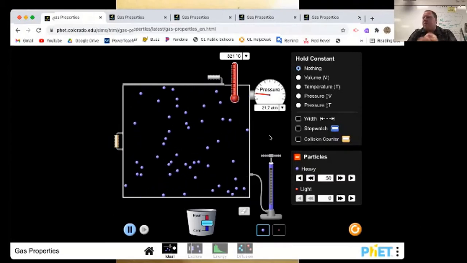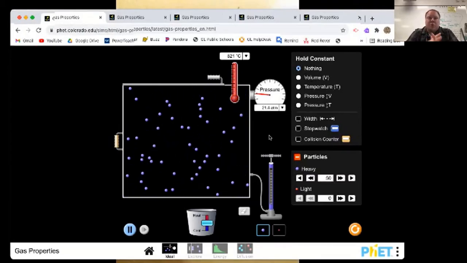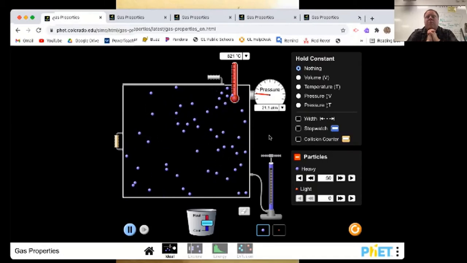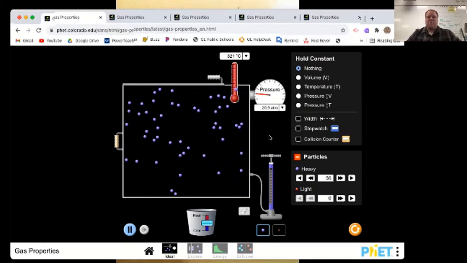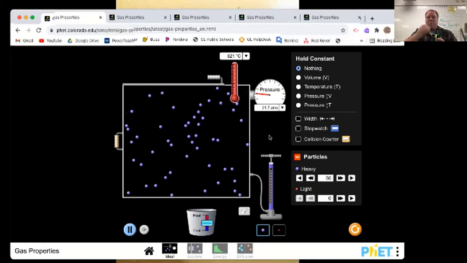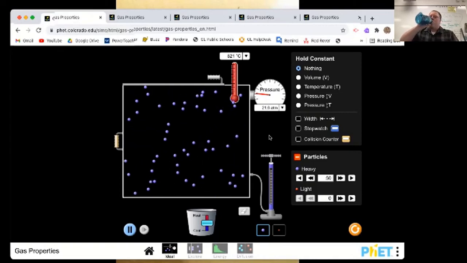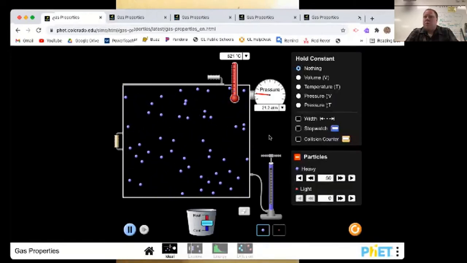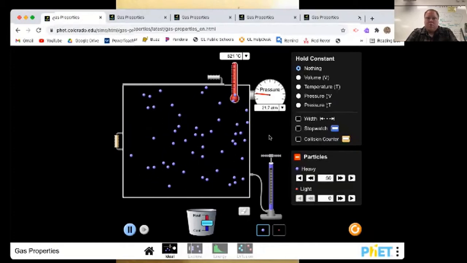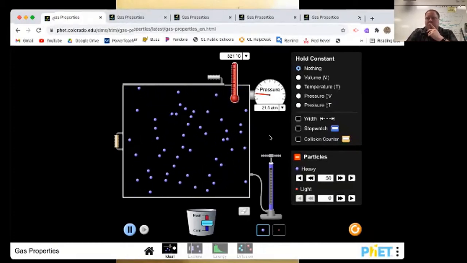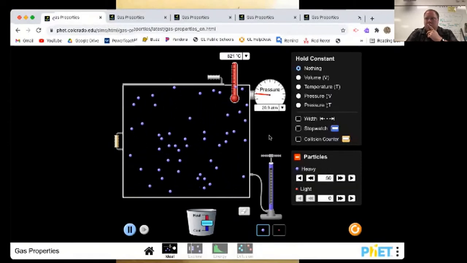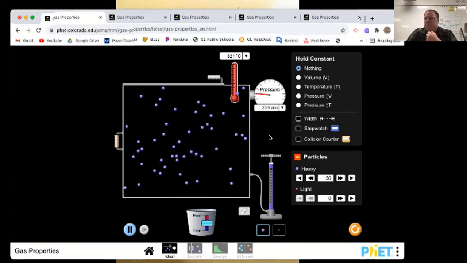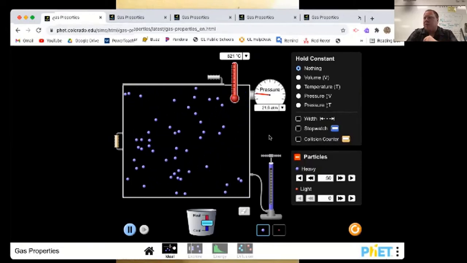Why is it when I heat them up and they move faster, why does the pressure increase?